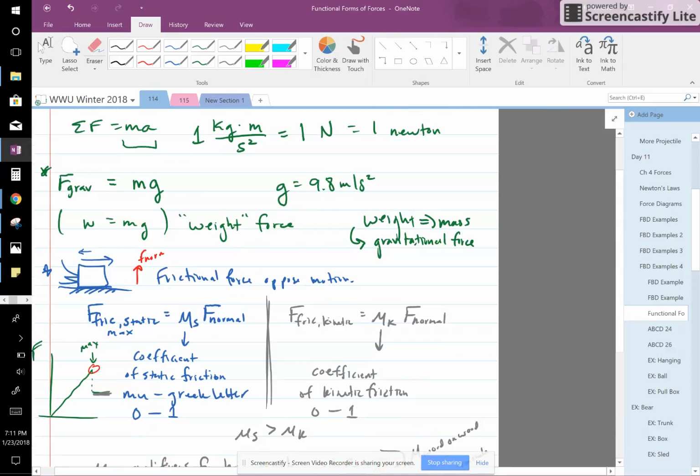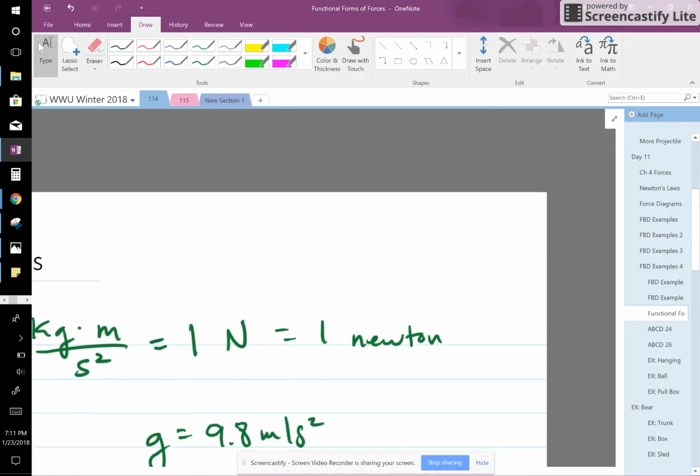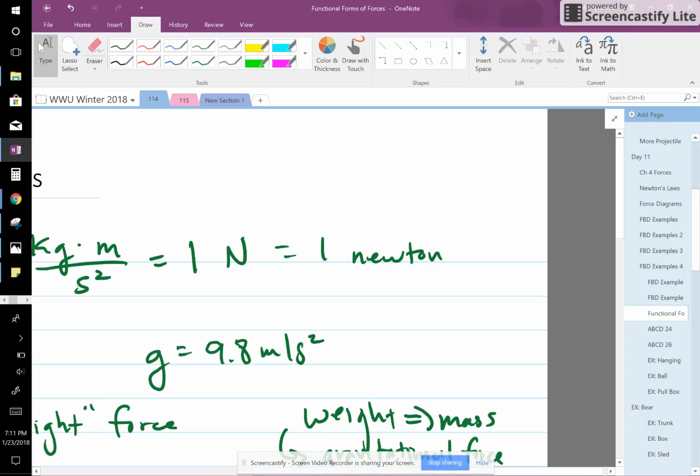I've totally run out of room, so maybe I'll stick it up here since it's not as important as the others. The last piece that I wanted to give you, the other force that has a functional form, is drag.